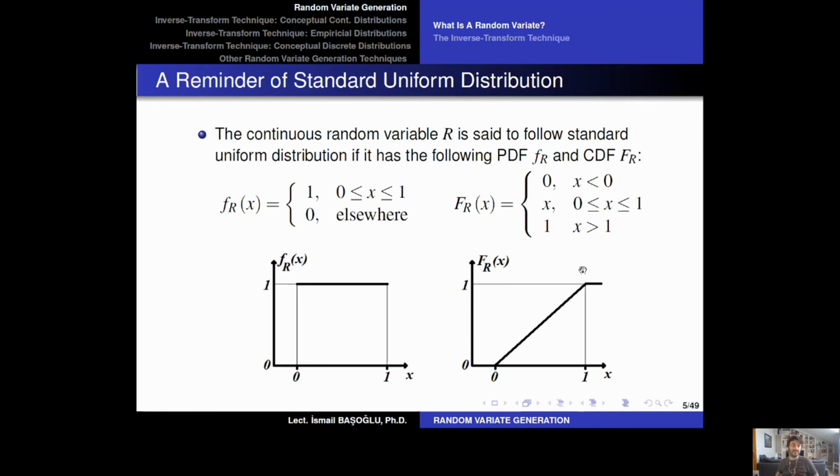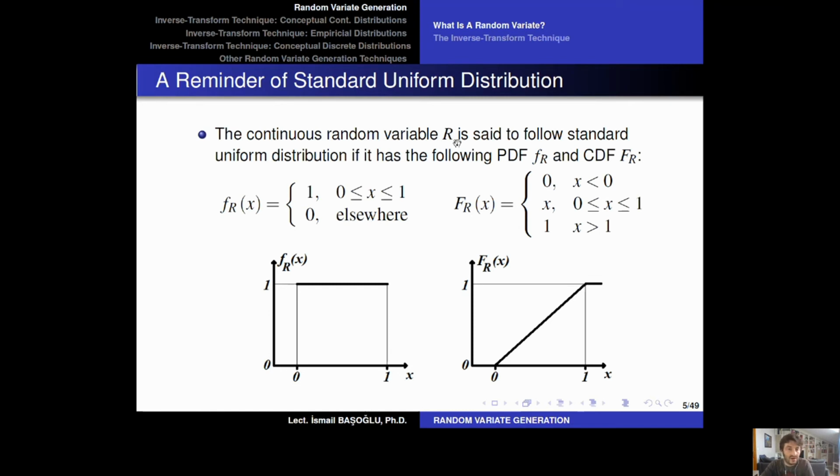And here, let us remind ourselves about the continuous uniform distribution between 0 and 1. So remember, we have said that random variable R. Here we are stating that R is a random variable, not a random number. We are speaking in theoretical terms.